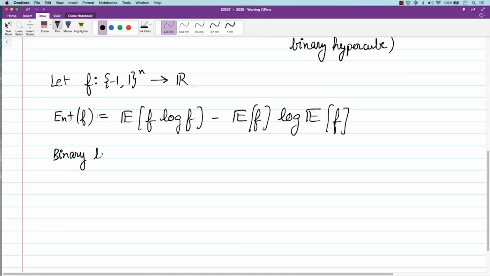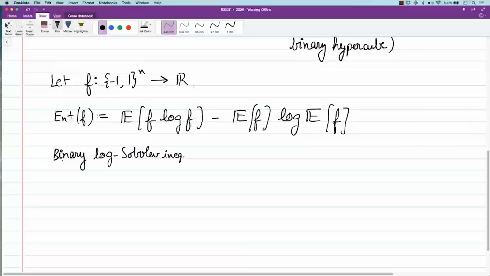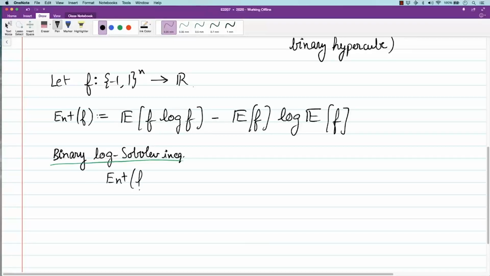There are other similar related inequalities, but the one we want to show is the following. Entropy of f square is less than or equal to summation i equal to 1 to n expected value of variance i of f.